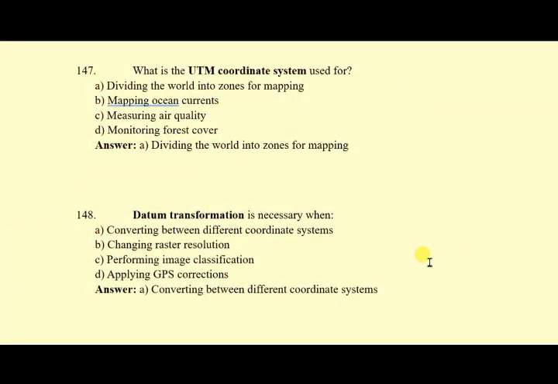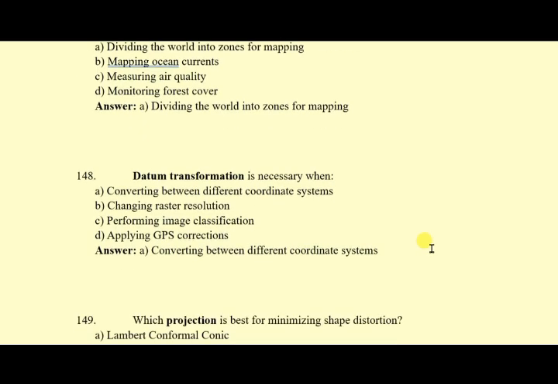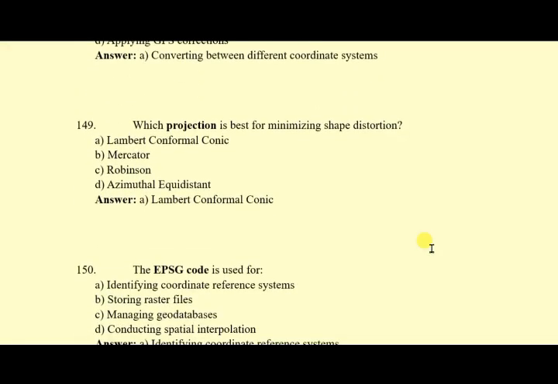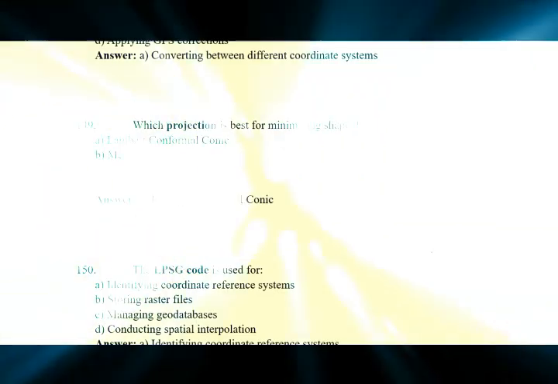Question 148. Datum transformation is necessary when converting between different coordinate systems, changing raster resolution, performing image classification, analyzing GPS corrections. Here the right answer will be converting between different coordinate systems. Question 149. Which projection is best for minimizing shape distortion?